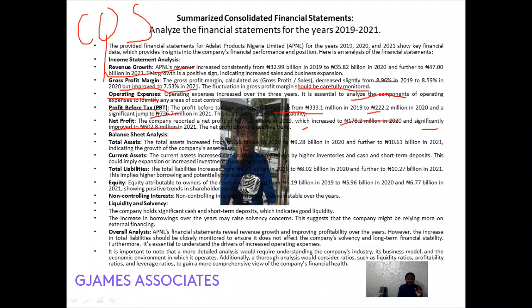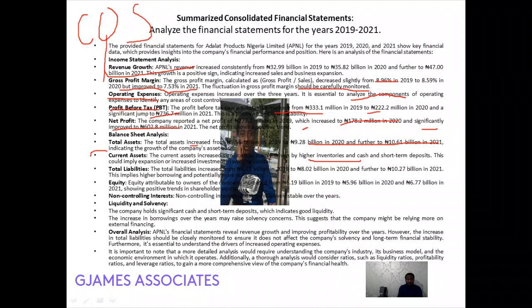Then when we want to analyze the balance sheet, which we call the statement of financial position, right? The total assets increased. So why are the total assets increasing? You need to give them that point. I've done a bit of work for us now, and I'm telling us what we need to fine-tune before or during the exam. Current assets increasing. Why is it increasing?